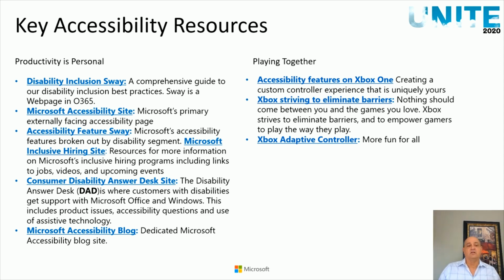So if you want to look at what are the accessibility features for me inside of Word, you can go and look at that. And inside of Word, it actually breaks it down into features that are targeted more for people that are blind or deaf. And then if you want to look at all the accessibility features that help people with cognitive disabilities, there's actually a slice and a way to look at that inside of that accessibility feature Sway.